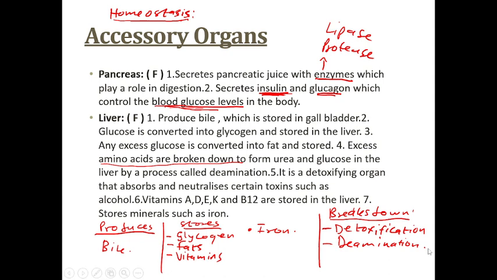Yes, when the liver breaks down the toxin, alcohol, doesn't it get harmed? Yes, if you excessively drink alcohol, remember the liver bears the toll of detoxifying these toxins. Every toxin you put in your body, the liver functions to detoxify.